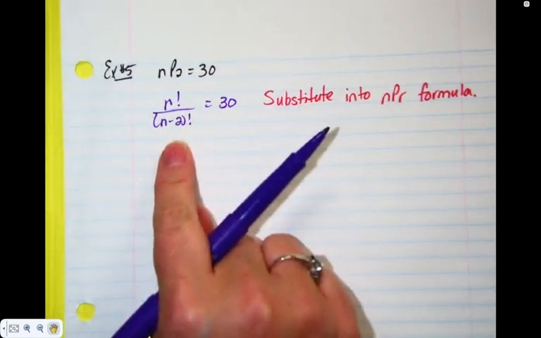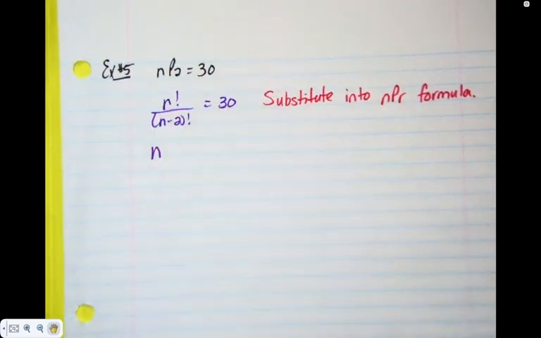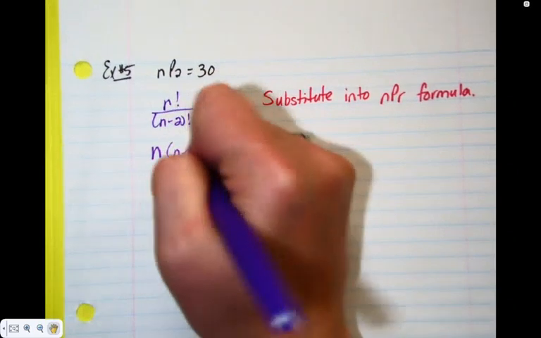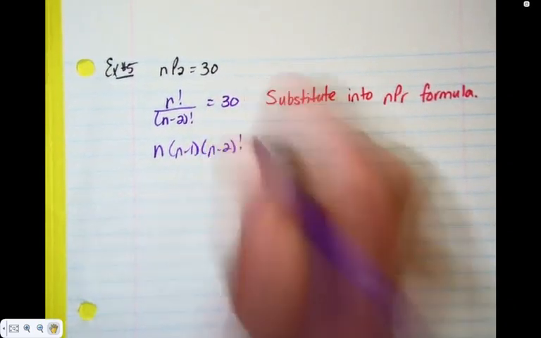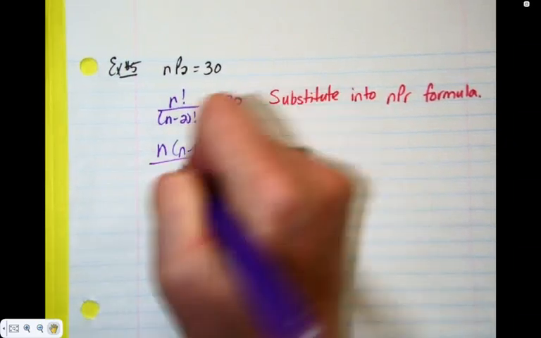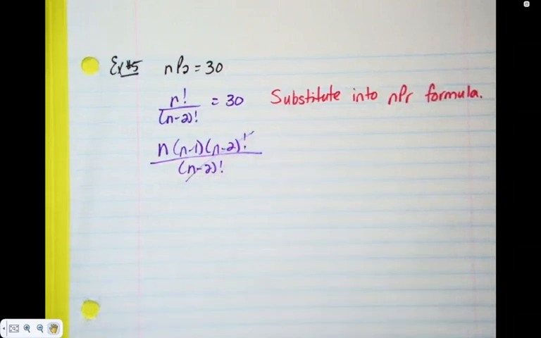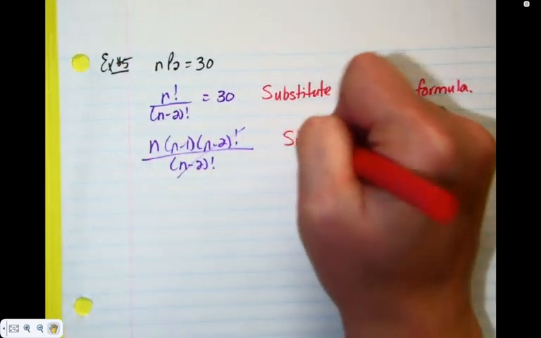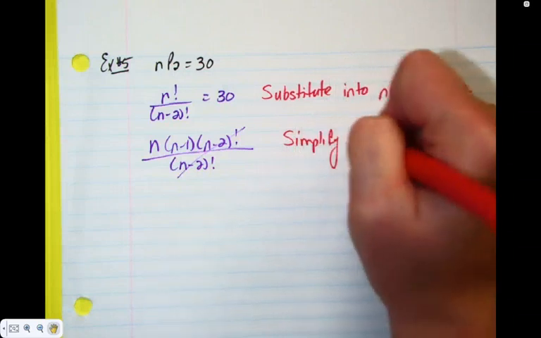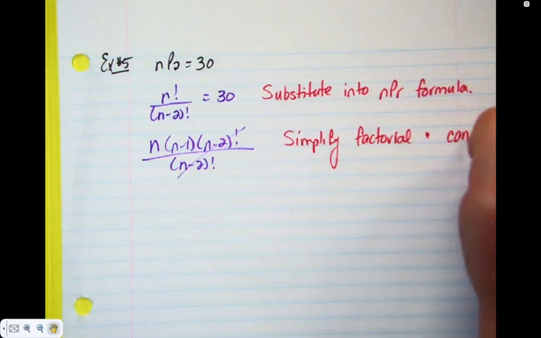We need to break down the higher one. What's bigger, n or n minus 2? N, so I'm going to start breaking it down. It's n times n minus 1 times n minus 2 factorial. Why did I choose to stop there? Because it cancels with the bottom. So simplify the factorial and cancel.